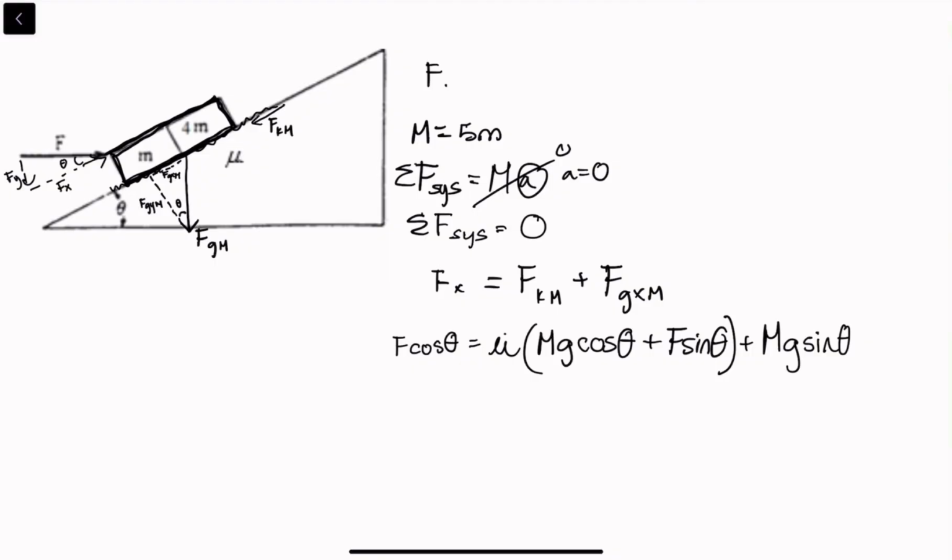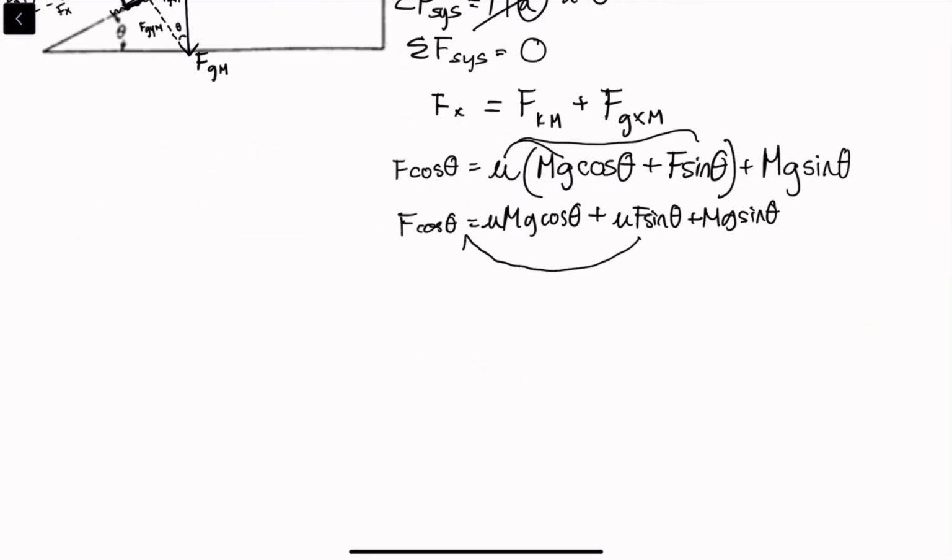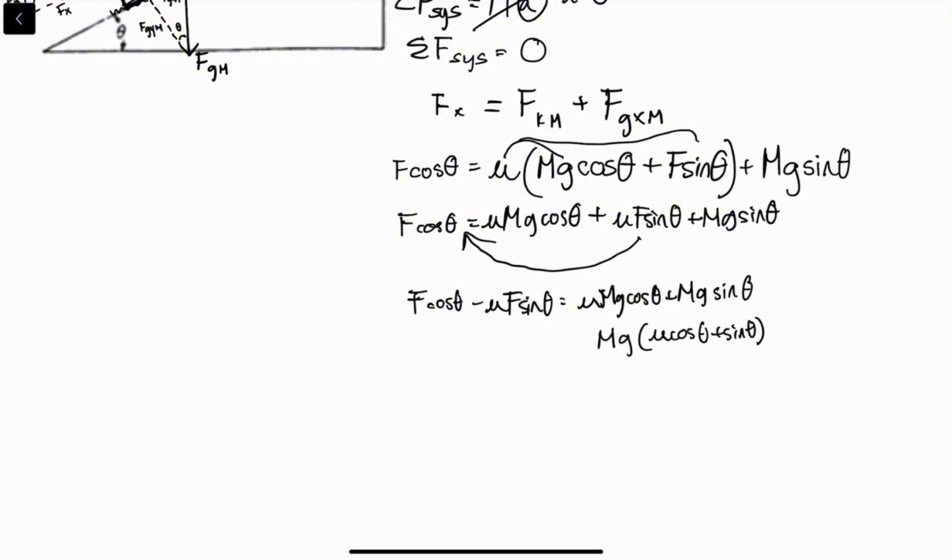What we can do now is distribute this mu to both of these terms. And then subtract this over because we want F on the same side. And we can take total mass times G out. And we can take F out.